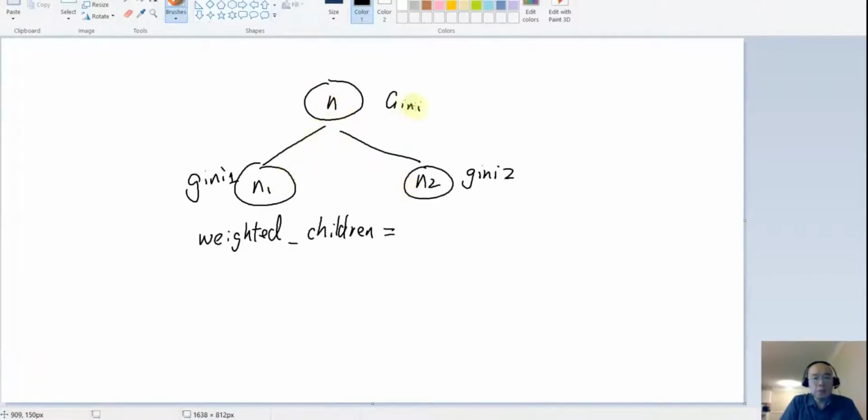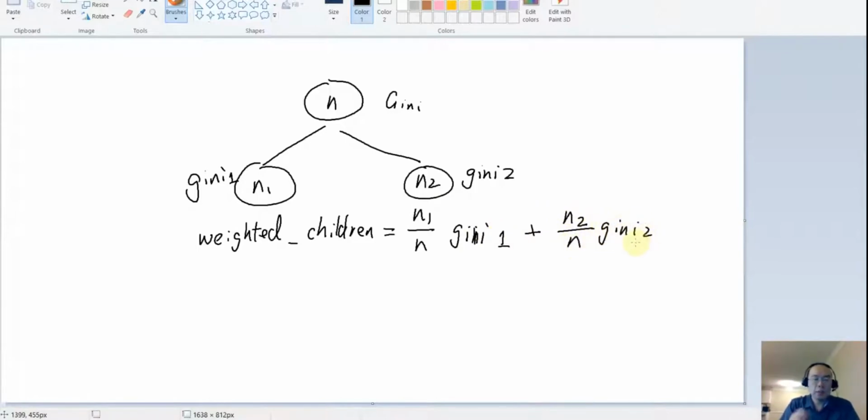On the root we have the Gini, and on child one we have Gini 1, and on child two we have Gini 2. If we want the weighted children Gini, it should be n1 divided by n times Gini 1, plus n2 divided by n times Gini 2.